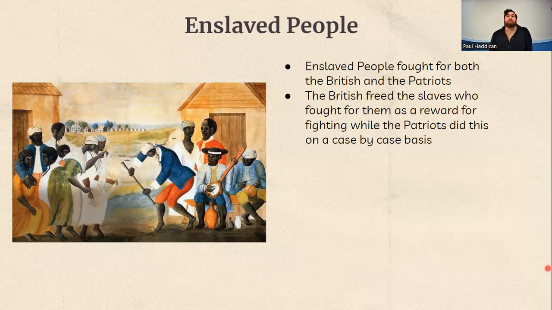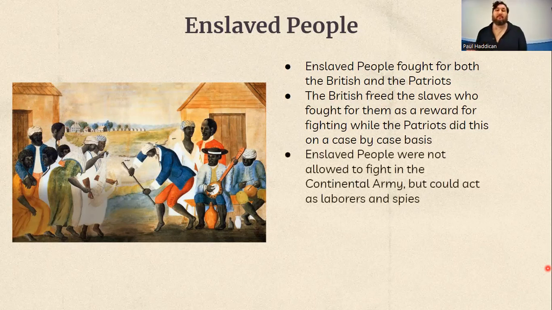No questions, you're free." The Patriots are also going to allow enslaved people to fight with them or to work with their armies. But the case of freeing the slaves is going to happen case by case, individual by individual, and often master by master. It won't be a full set rule like Britain will.